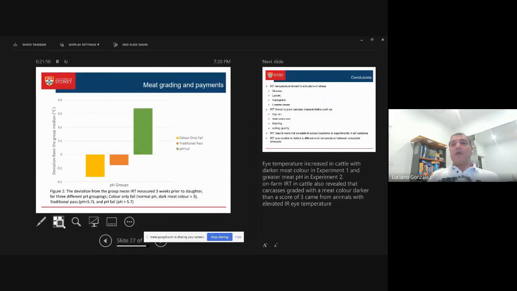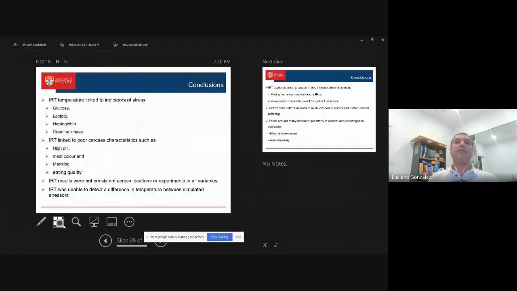So we are starting to try to use some of this information for meat grading, and determine whether an animal is good quality meat, so what we call pH fail or not. Animals that are a pH fail, that have high pH in the meat, have higher temperature, and that's where we are trying to pick up those animals with lower meat quality.